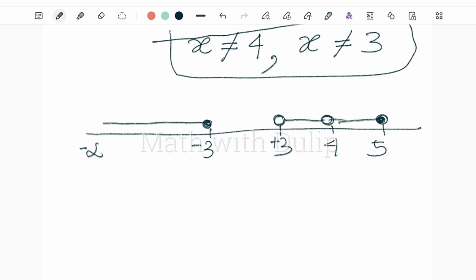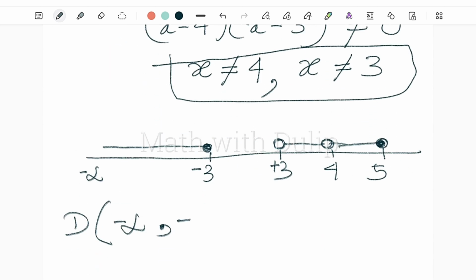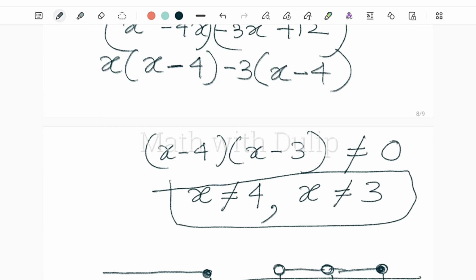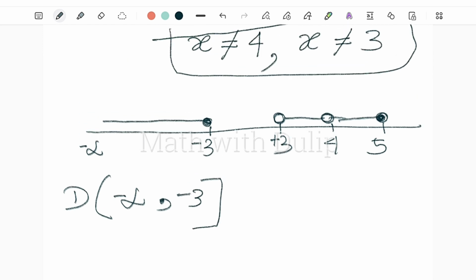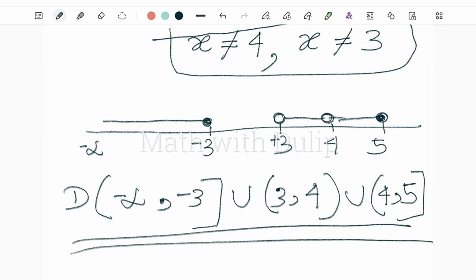So I can write down the domain D as negative infinity till negative 3, including negative 3, union 3 till 4, excluding 3 and 4, union 4 till 5, including 5. So this is the final answer, the domain, all the x values.